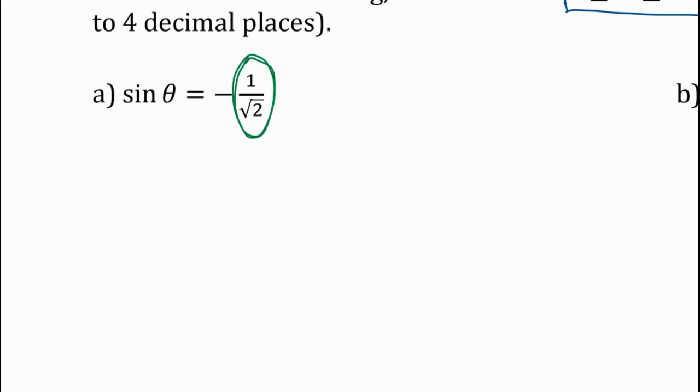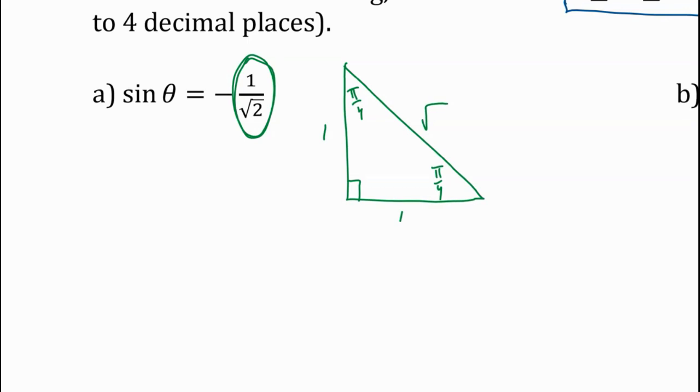Okay, so when we're looking at that ratio, it's going to tell us which triangle we're in, right? So we're in the isosceles triangle with the pi by 4s, because they both have a 1 in them, but this is the only one with a root 2. The other one has 1, 2, and root 3.